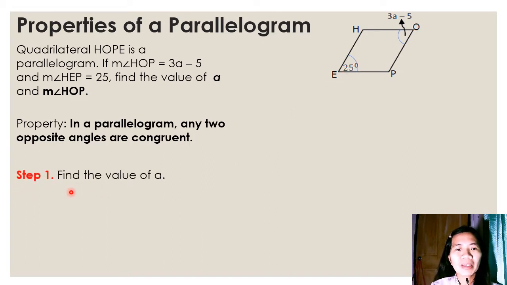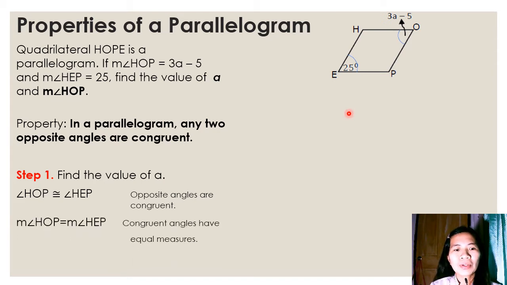First we are going to find the value of A. Since opposite angles are congruent, we can say that angle HOP is congruent to angle HEP. If they are congruent, meaning measure of angle HOP is equal to measure of angle HEP, since congruent angles have equal measures.